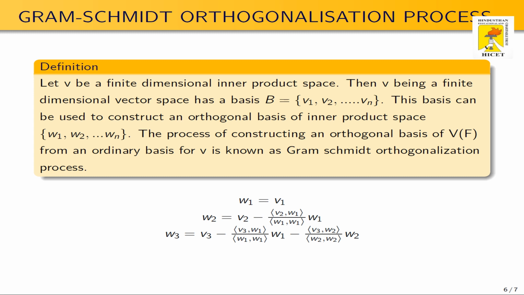The formula is W1 is equal to V1, W2 is equal to V2 minus inner product of V2, W1 divided by inner product of W1, W1 into W1, and next W3 is equal to V3 minus inner product of V3, W1 divided by inner product of W1, W1 into W1 minus inner product of V3, W2 divided by inner product of W2, W2 into W2, and so on up to the series Wn.